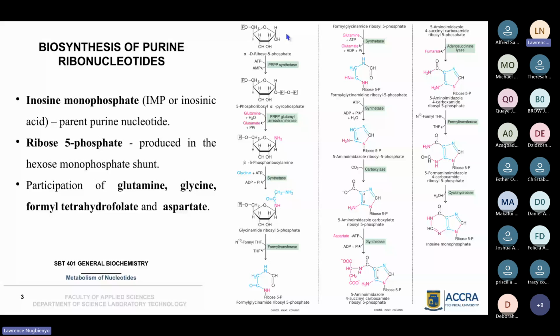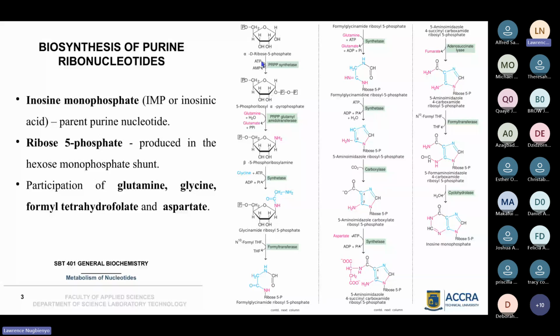So that ribose 5-phosphate, the very first thing which happens in the process of the synthesis of nucleotides is that it gains 2 phosphate groups from ATP.